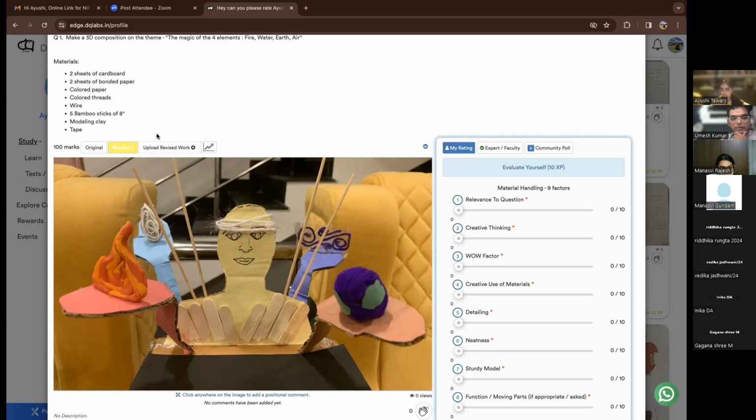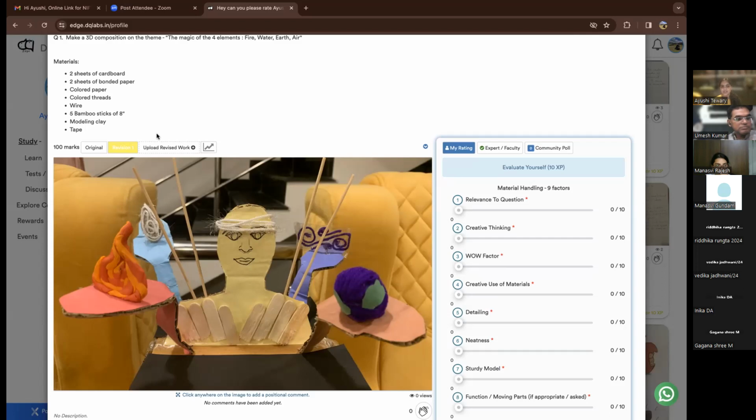So, what do you think? How could you have improved? First of all, rather than making the person in between a 2D thing, I could have made it 3D. Like maybe use a paper, crumble it to make a 3D effect. So I could make a 3D person. Then I did not actually know how to put the hands. If I had clay, that would have been a little easier.